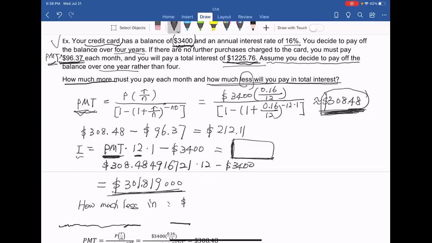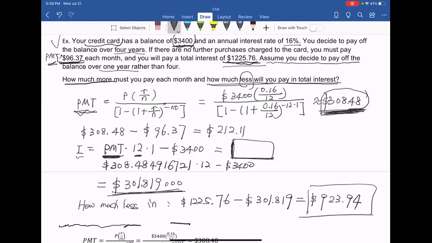So it's 1225.76 subtract 301.819, that equals 923.94. Okay, so I can save this amount of money if I pay off in a year.